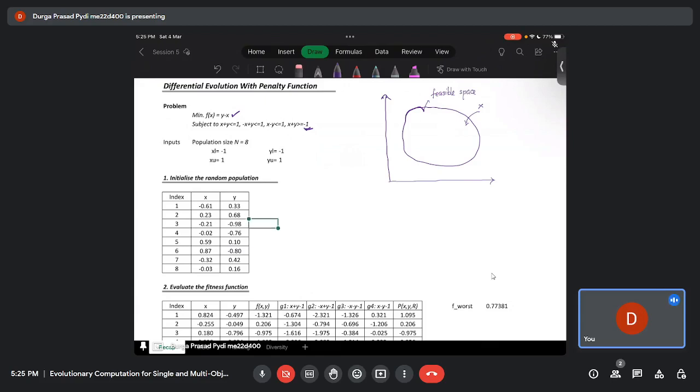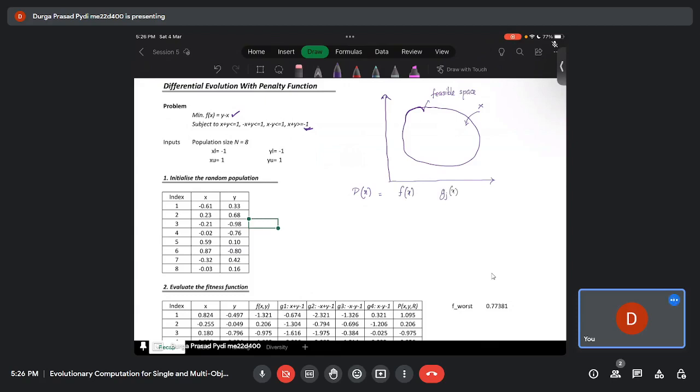So mathematically, this is equivalent to saying we will now define a new function, say p of x, where this p of x has to have three different components. One component is the objective function that we are trying to minimize, and then we also need to have some information about your constraints.